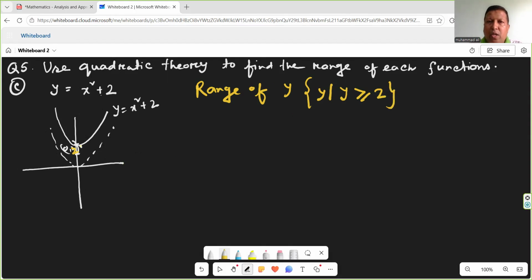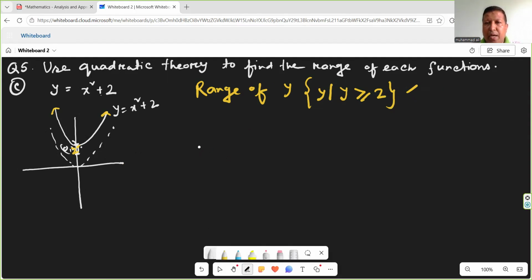Why? Because the lowest value of this curve is 2. That means the lowest y value of this curve is 2 and other values are greater than 2. That's why we say range of y such that y greater than or equal to 2.